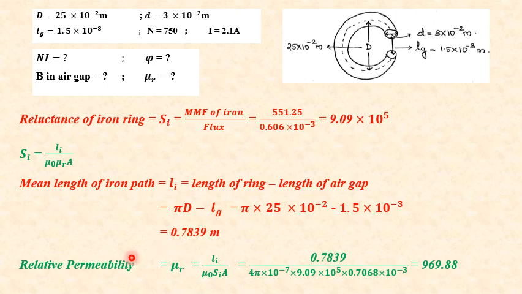Substituting for Li, we can find mu r as Li by mu 0 Si into A, and we get relative permeability as 969.88 or approximately 970.